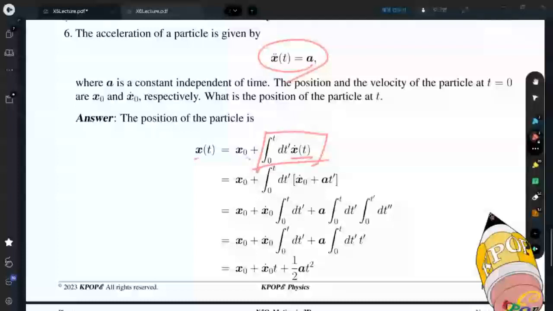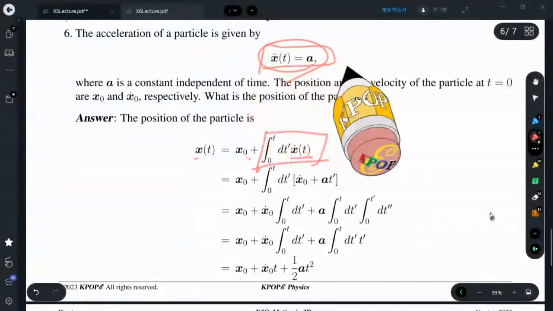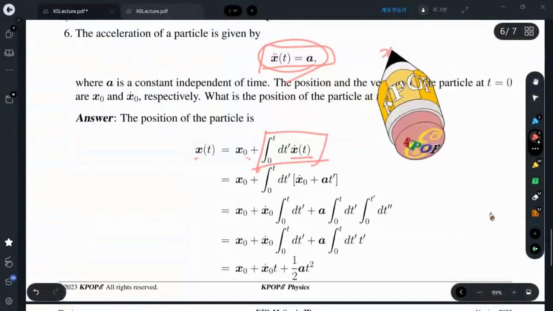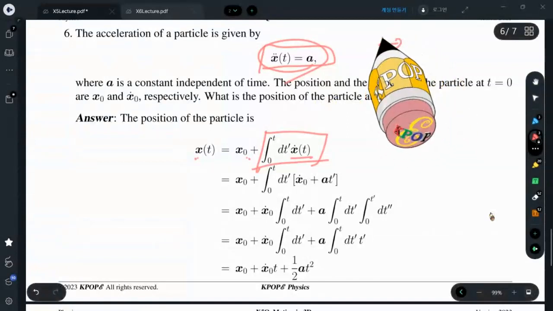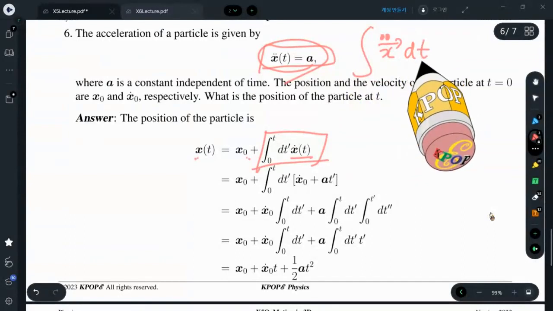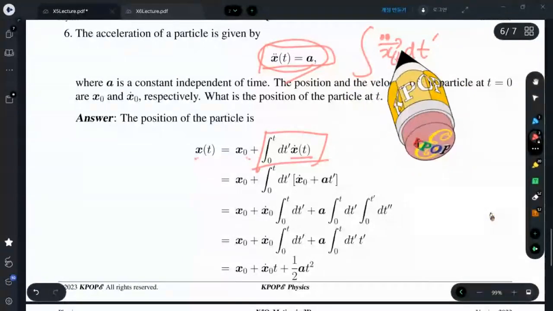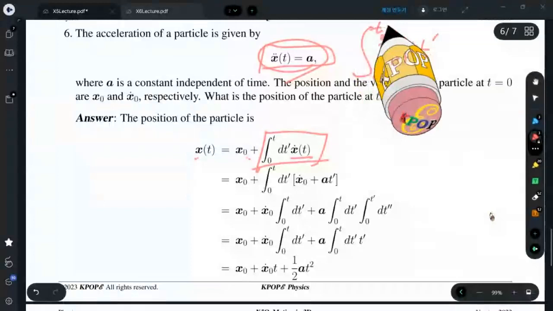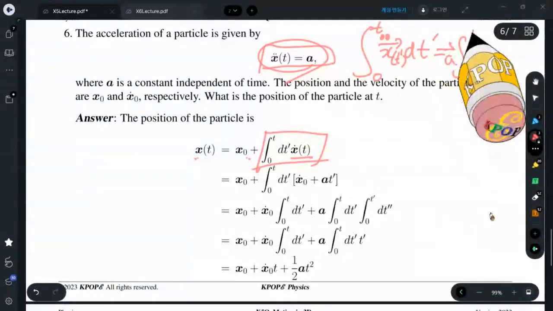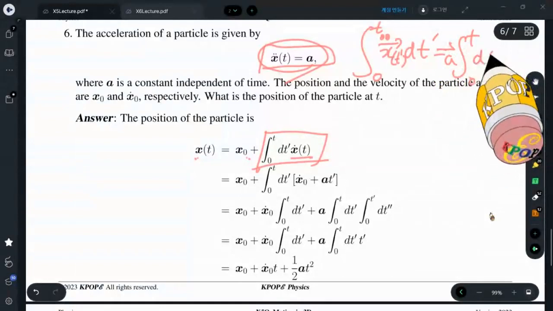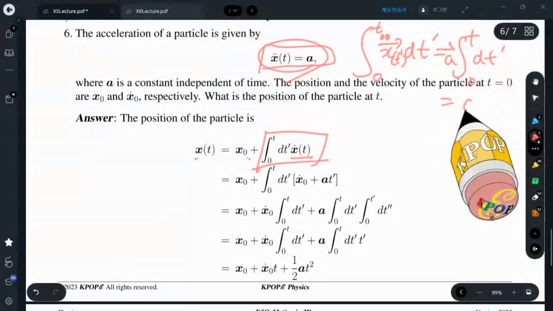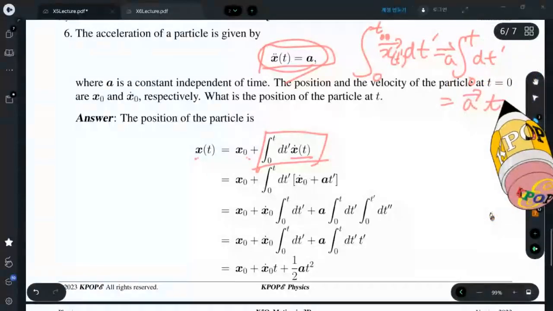The second derivative is constant. So if I take the time integral with prime, 0 to t, of the vector a, dt prime, what's that? This is a trivial integral, a times t.